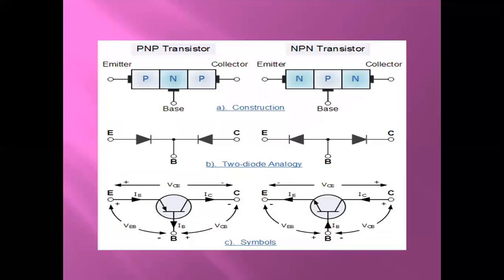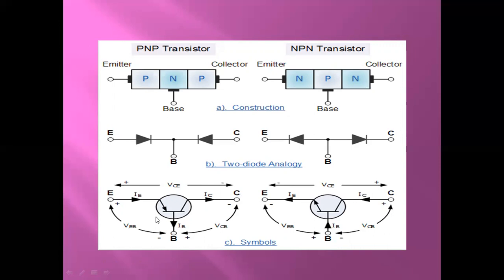We'll have a detailed look at the construction of the transistor, PNP and NPN, and the symbolic representation or connectivity will be like this, with emitter, base, collector in PNP and NPN.